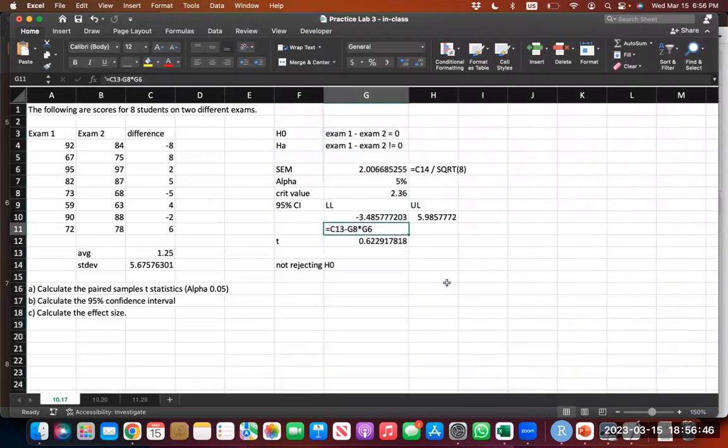It is the mean, the 1.25, minus the critical value of 2.36, multiplied by the standard error of the mean. It gives you these bounds in which you're 95% confident you capture the true population mean, or you quantify the probability of this basically reflecting your reference value. Good. Okay, R.